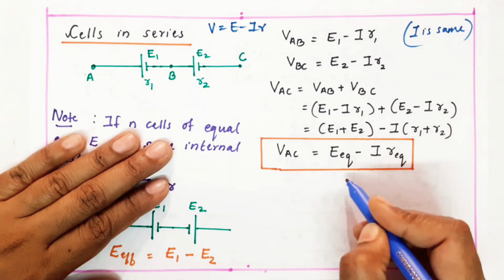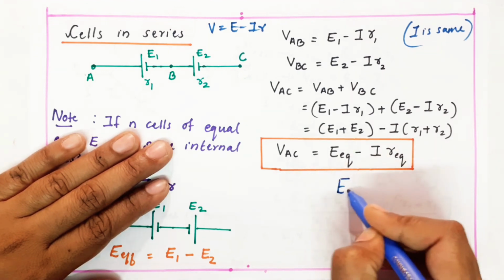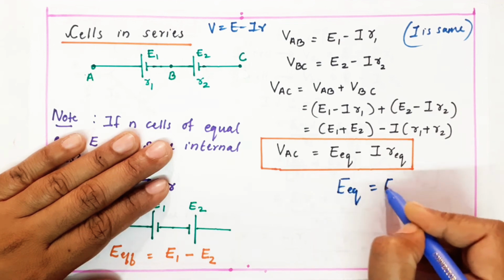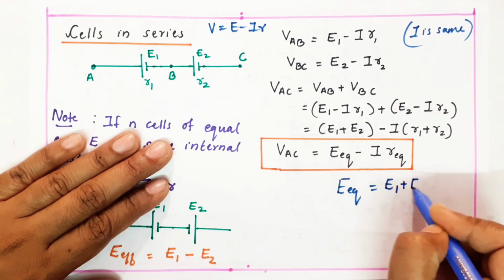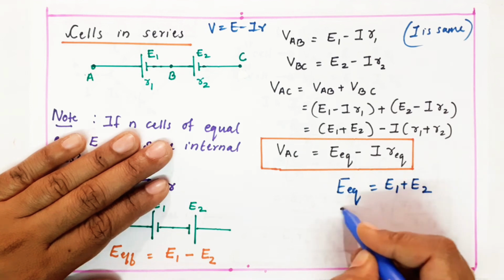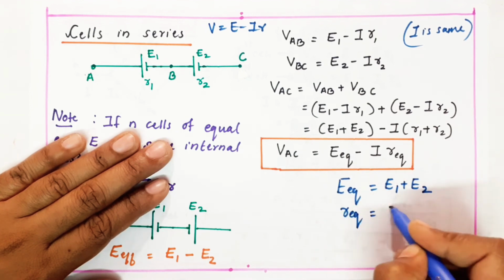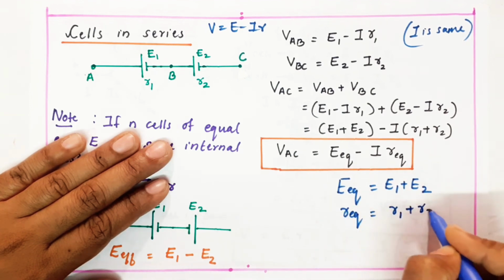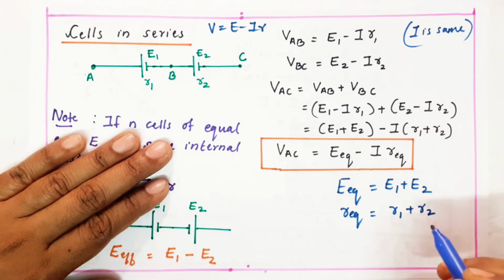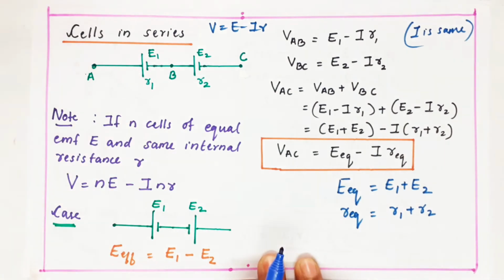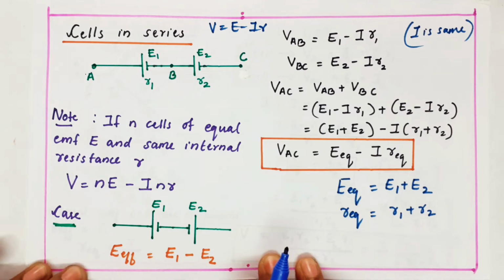E equivalent in this case is E1 plus E2, and R equivalent is R1 plus R2. So when cells are connected in series, the effective EMF is E1 plus E2, and the effective resistance is R1 plus R2.